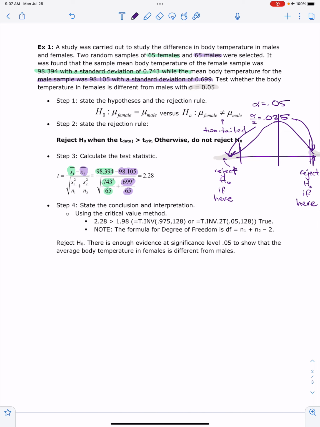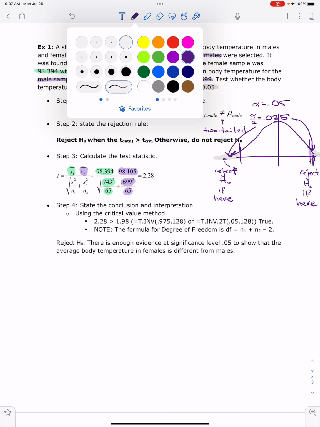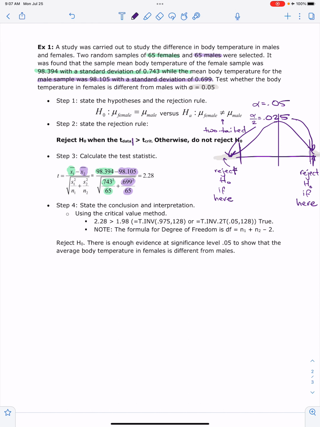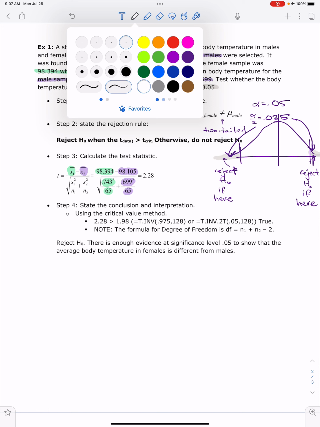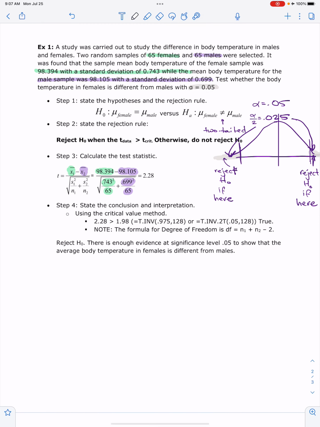So we are going to reject H naught when T data is greater than the critical value, and that is if our T data is positive, or T data is less than the negative critical value, if the T data score is negative.